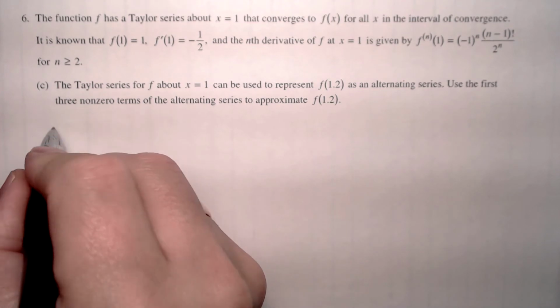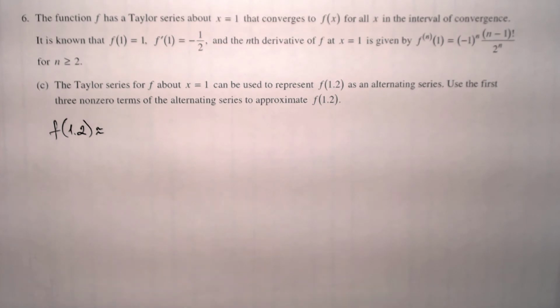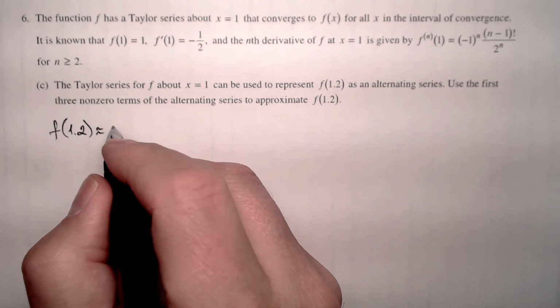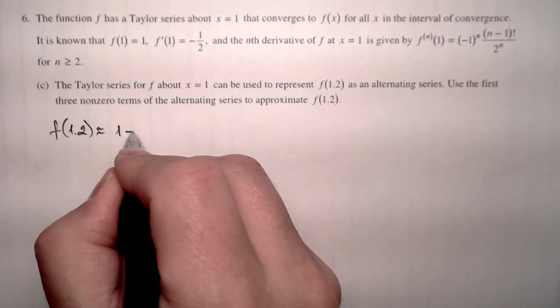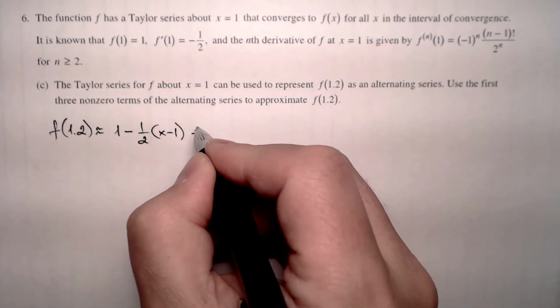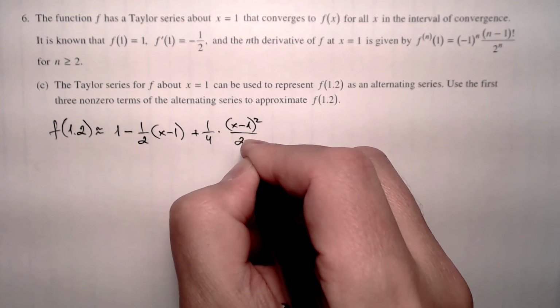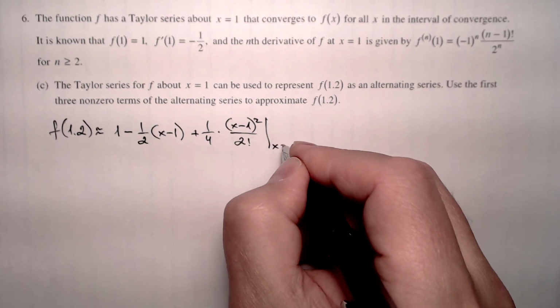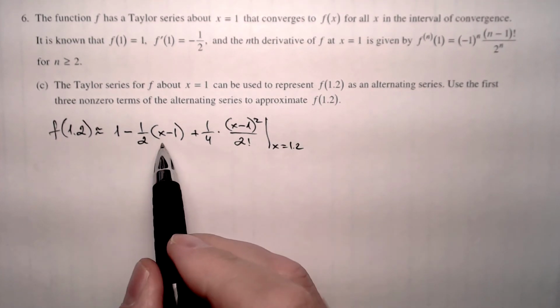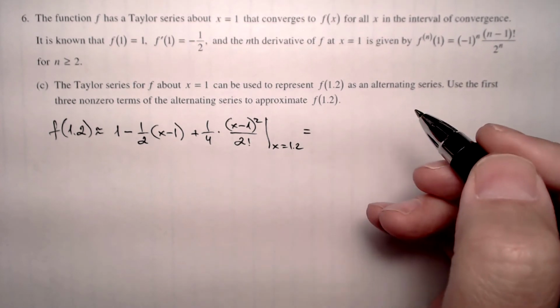And so f of 1.2 is approximately equal to, when we plug into the first three terms from part A, we'll get 1 minus 1/2 times x minus 1 plus 1/4 times x minus 1 squared over 2 factorial, and this is evaluated at x equal to 1.2. And I took these three elements from question A that we had already found.